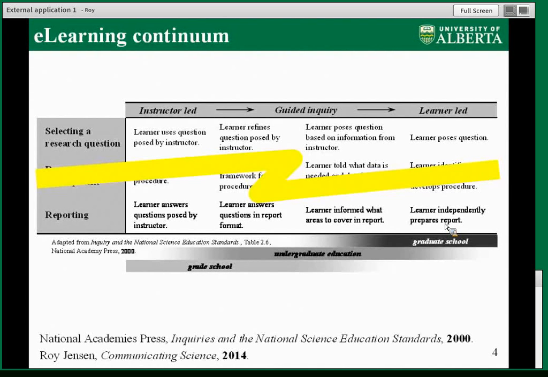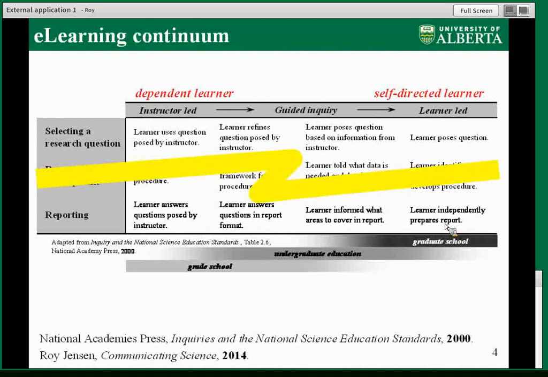The transition from working explicitly under the direction of an instructor, which would be considered a dependent learner, to being independent of the instructor, which would be a self-directed learner. This transition occurs over a long period of time. And at the bottom, there's a scale talking about what occurs in grade school, through undergraduate education, and through graduate school.